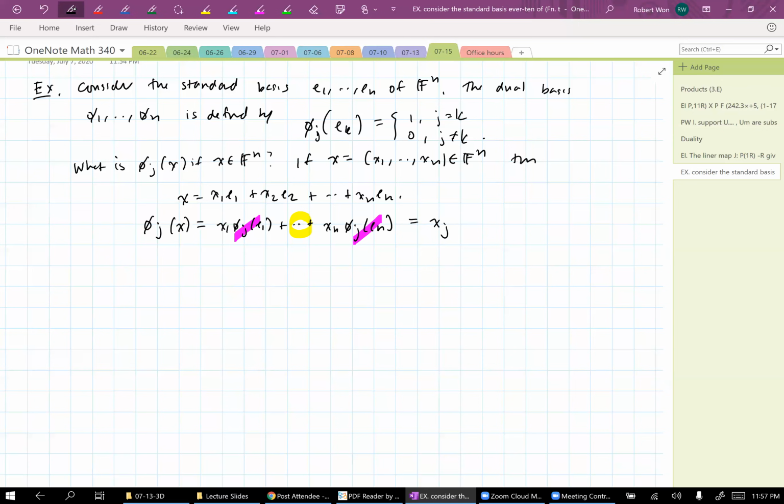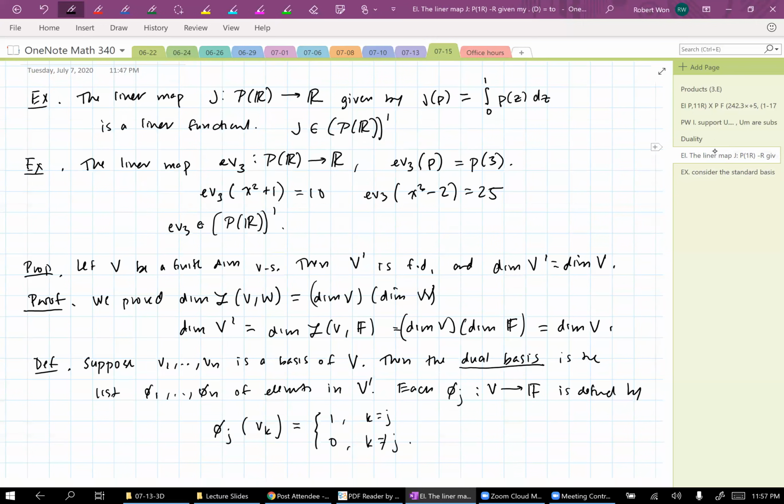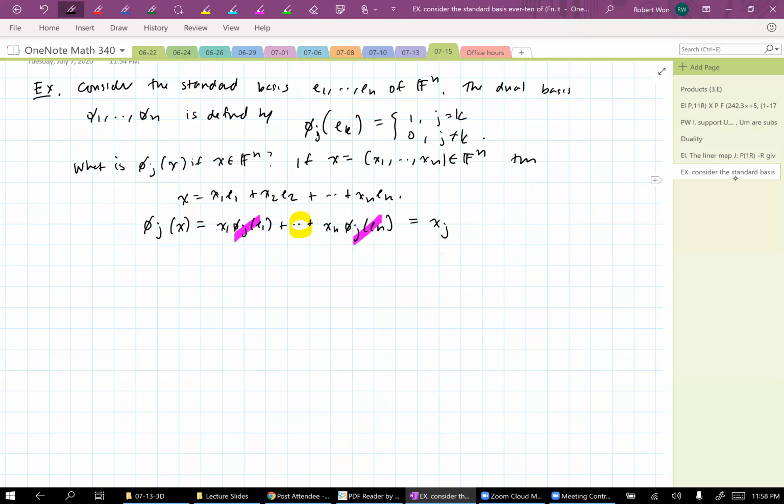Okay. Let me just mention that when I define these things, I called them the dual basis. You start with the basis, you get a dual basis. But we never actually verified that these give you a basis of the dual space, which is a problem that we need to fix right now.